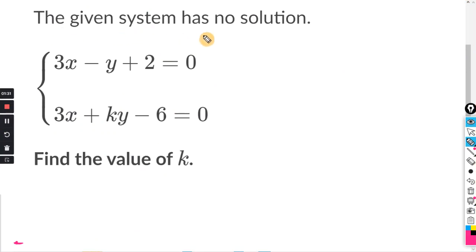The given system has no solution. Here are the 2 line equations. Find the value of k. So remember, we said no solution. That means it has the same slope, as long as it's not the same equation. So we want to get these equations in the form of y equals mx plus b.